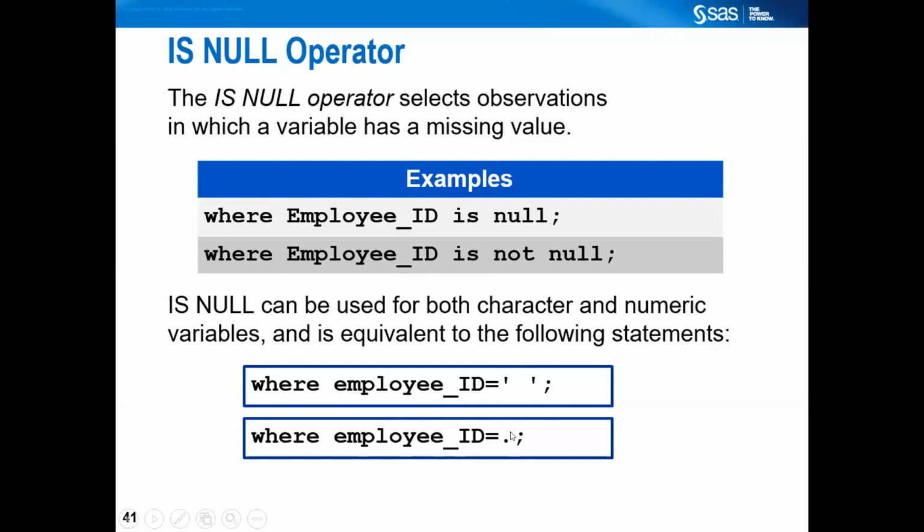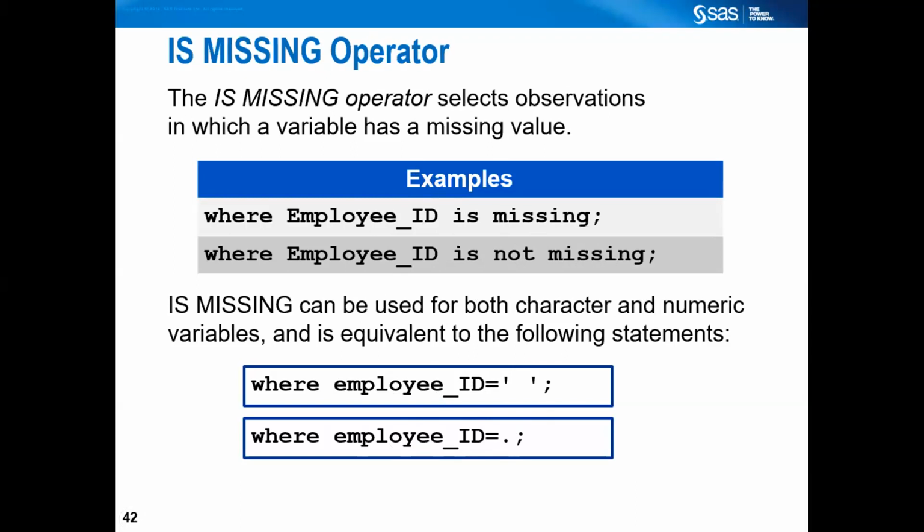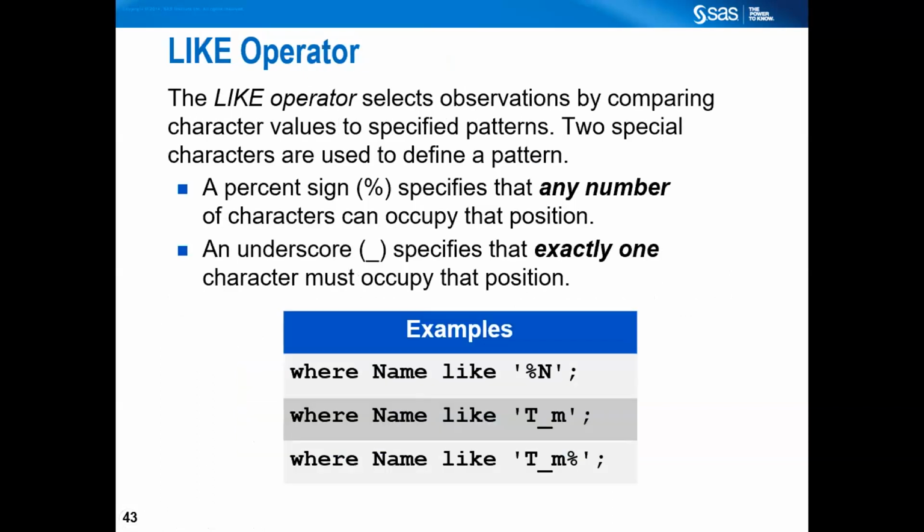In case you have not seen the type of your column, simply use the keyword is null or is not null, so that it will select all the non-missing values. Is null is valid for both character and numeric columns. Either you use is null or is missing or is not missing. Both are equivalent.